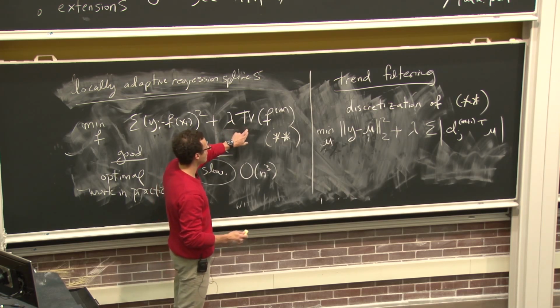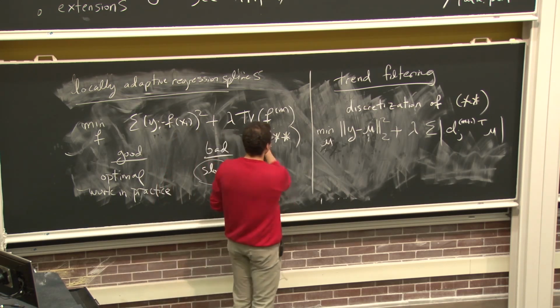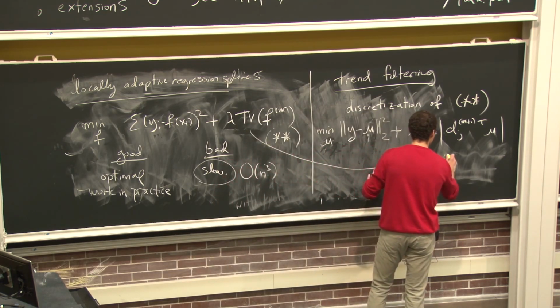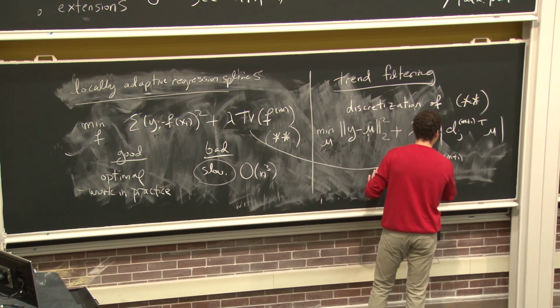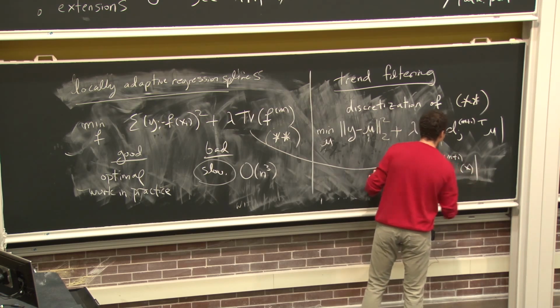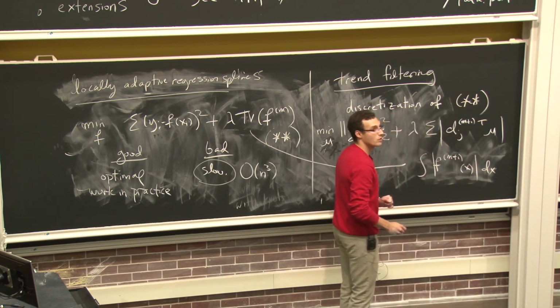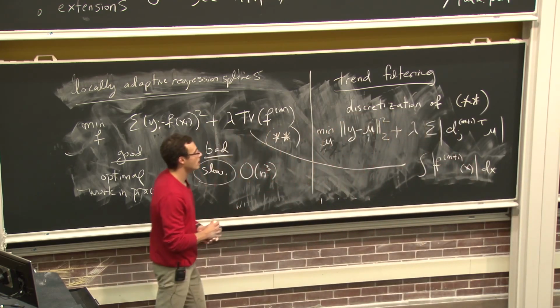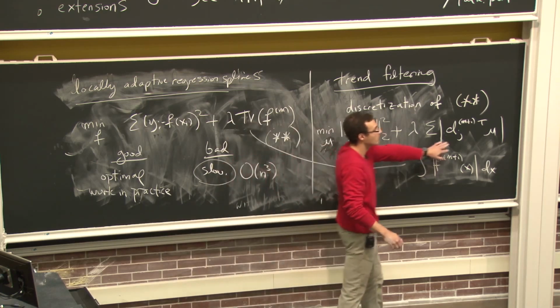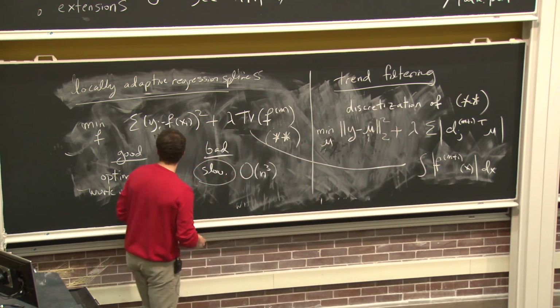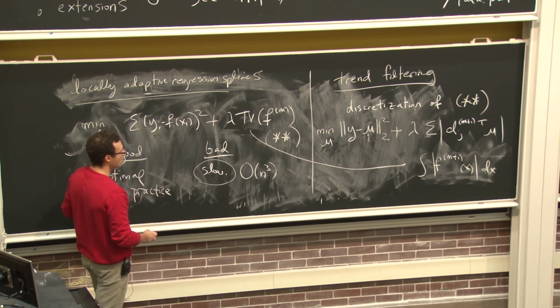So this uses the connection that this total variation is really like the integral of the absolute value of my function. This is just a discretized version of that. That's all it is. Discretize this integral into a Riemann sum type thing. Turns out that trend filtering basically has the same properties.